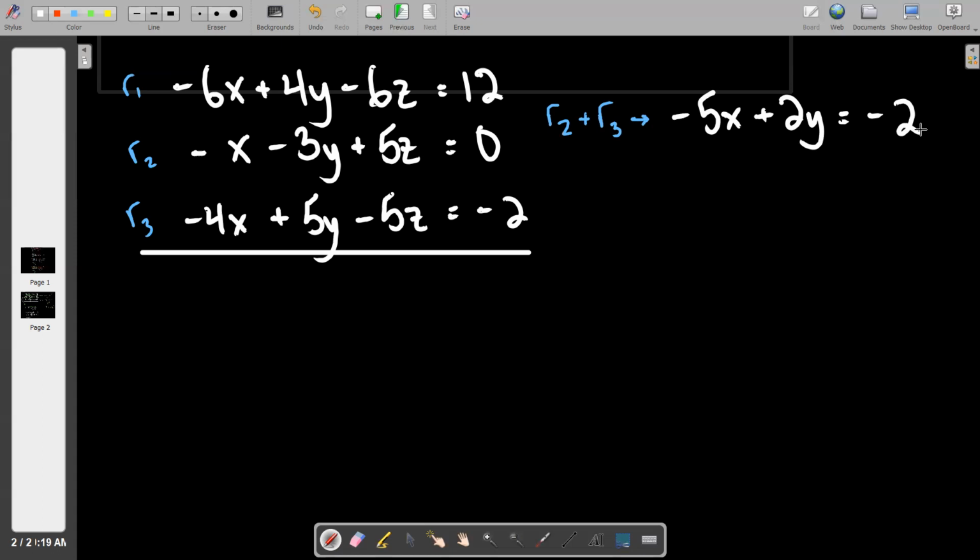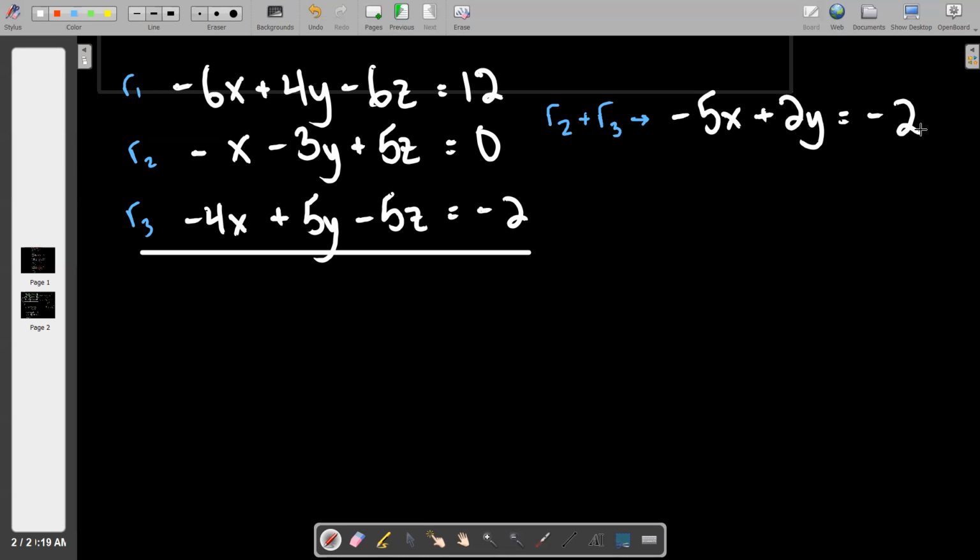Now I have to kill z's again, and you have a choice to make. I have an opinion, and I'll of course give it to you, but you obviously can't use the same rows again. That would be dumb. So you may use a combination of row 1 and row 3, or you may use a combination of row 1 and row 2.